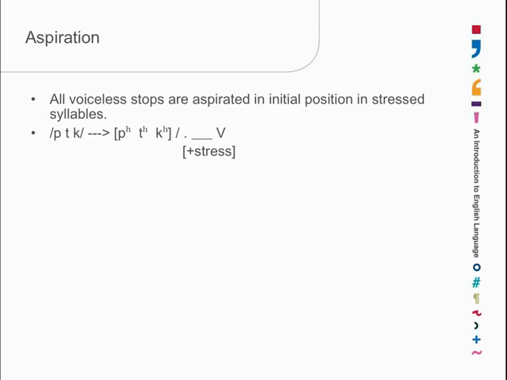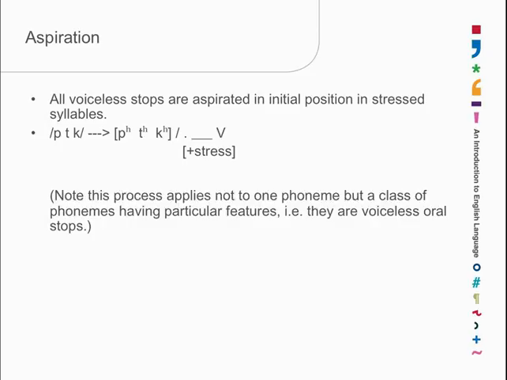You'll notice that this is a systematic relationship. It doesn't apply to one phoneme, but it applies to a whole class of phonemes, and these phonemes have particular features. Namely, all of them are voiceless, all of them are stops, and all of them are oral stops. In fact, these three are the only voiceless oral stops in English.